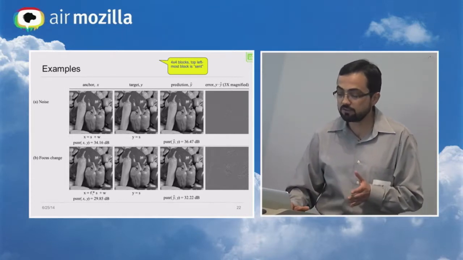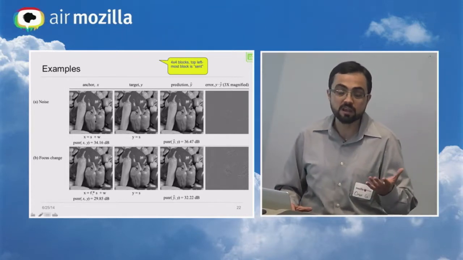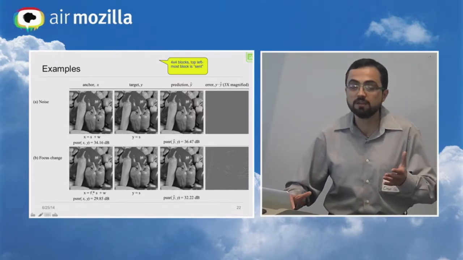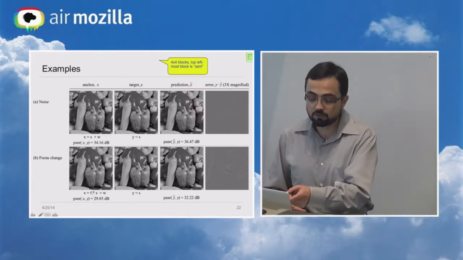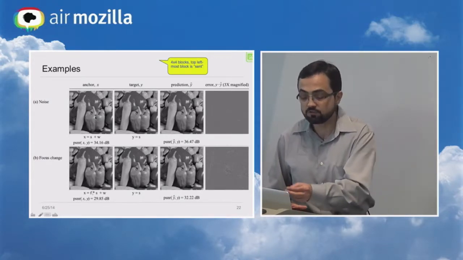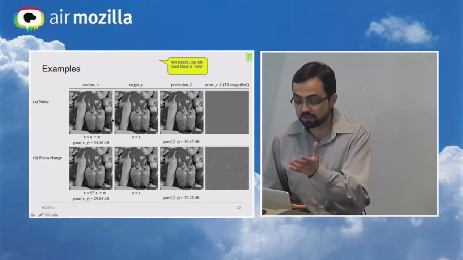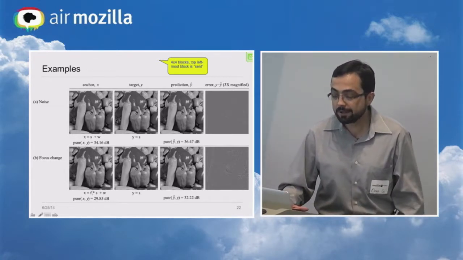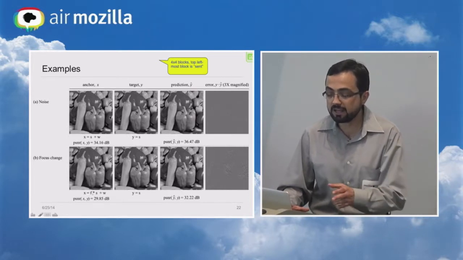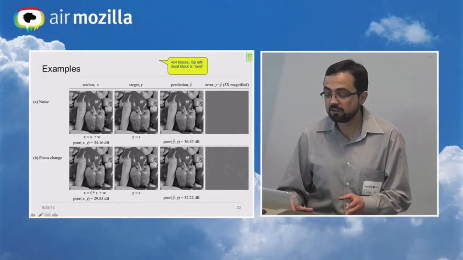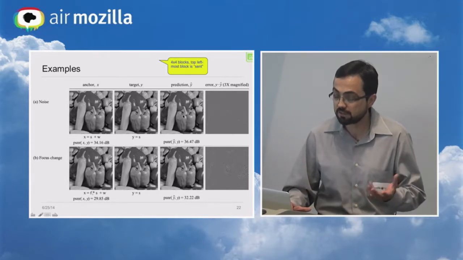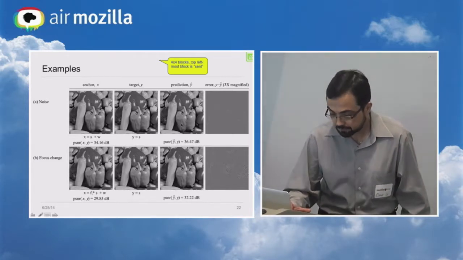Because this minus this is going to be noise, AVC will have to encode white noise, which the decoder will then have to subtract from its anchor frame to generate the next frame. Here, rather than letting AVC use this as the anchor, our implementation within AVC makes AVC use this anchor.